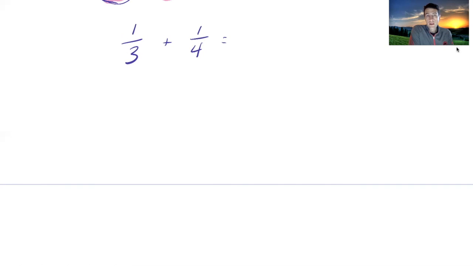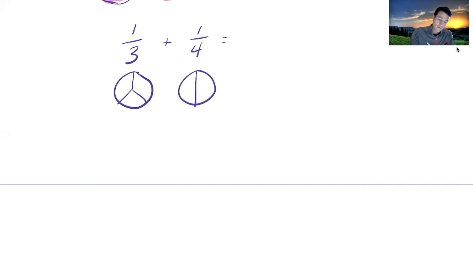The reason being is 1/3 is a larger section. If you look at 1/3 plus 1/4, these sections are different sizes, and we can't combine them until we get them onto similar terms. That's the reason why denominators must match when adding.